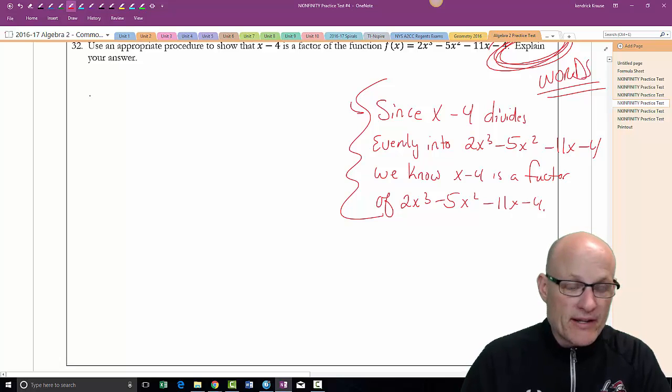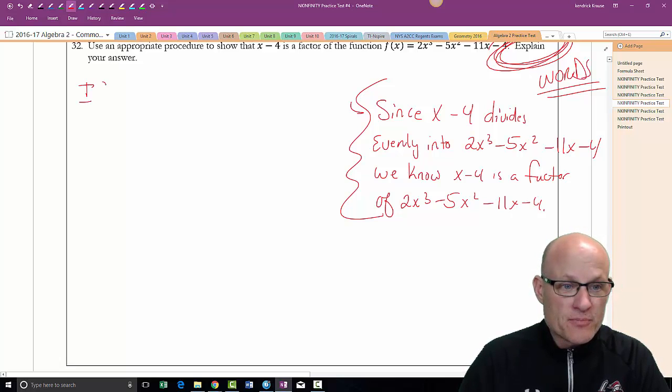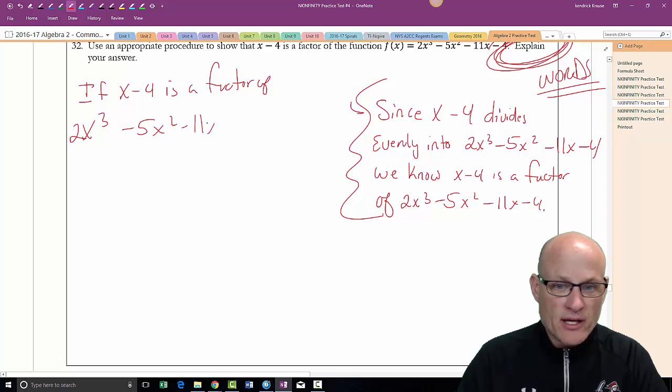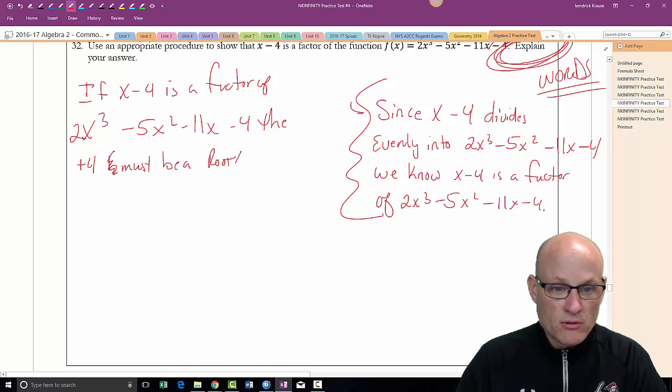Use words to explain. Now the other thing you could do is say if x minus 4 is a factor of 2x cubed minus 5x squared minus 11x minus 4, then positive 4 must be a root or 0.